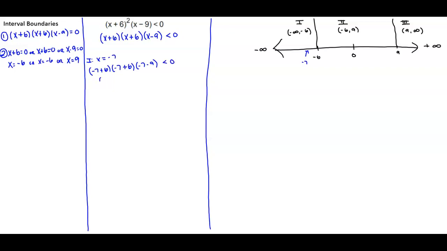Negative 7 plus 6 is negative 1, again negative 1, and then negative 7 minus 9 is negative 16. A negative times a negative times a negative gives us a negative. 1 times 16 gives us negative 16. So is negative 16 less than 0? The answer is true. So it's true for region number 1.